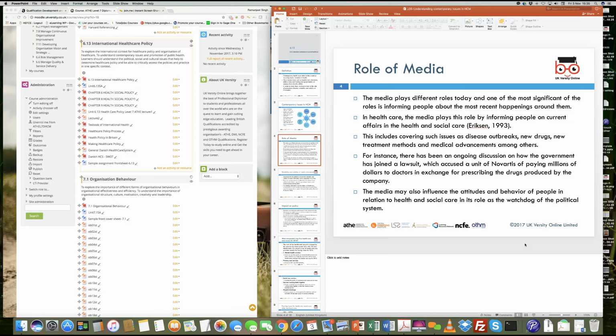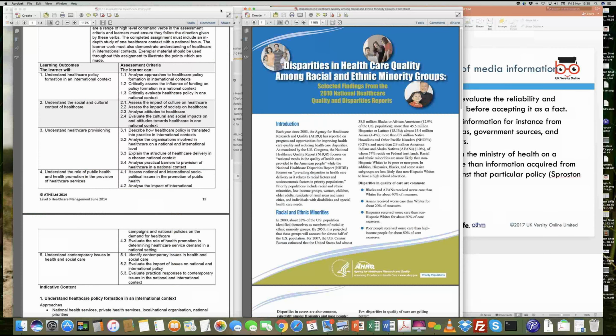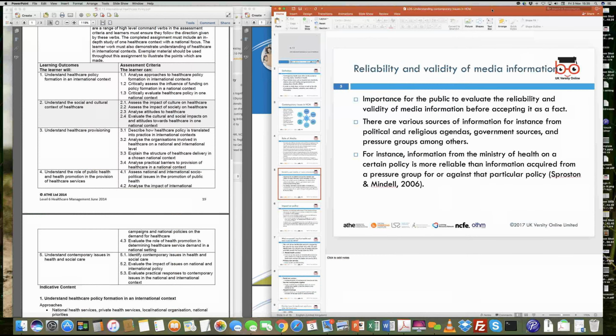One of the key things you will need to remember is the Freedom of Information Act, which allows the media to pull out information and share it in the public domain. It was introduced in 2010.